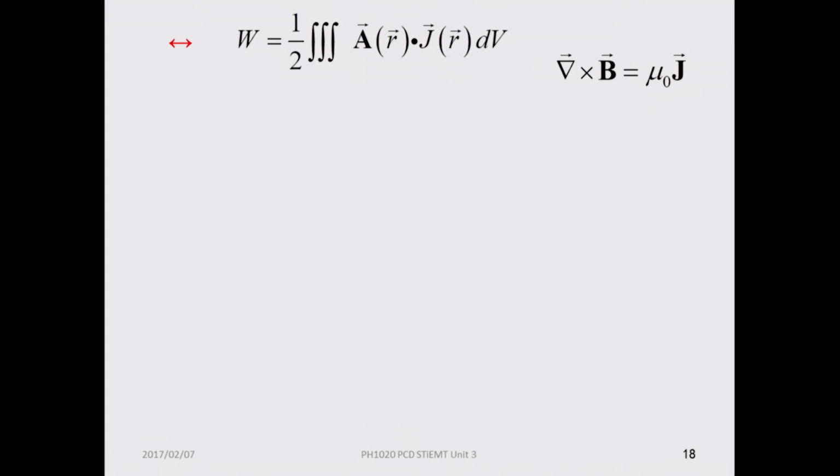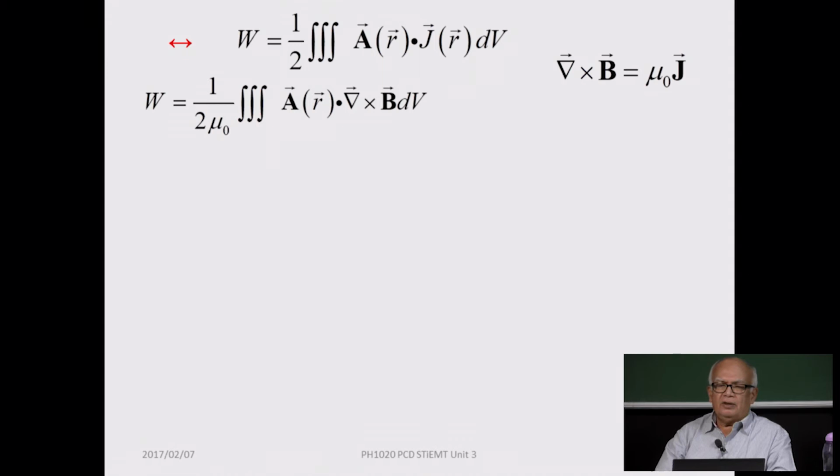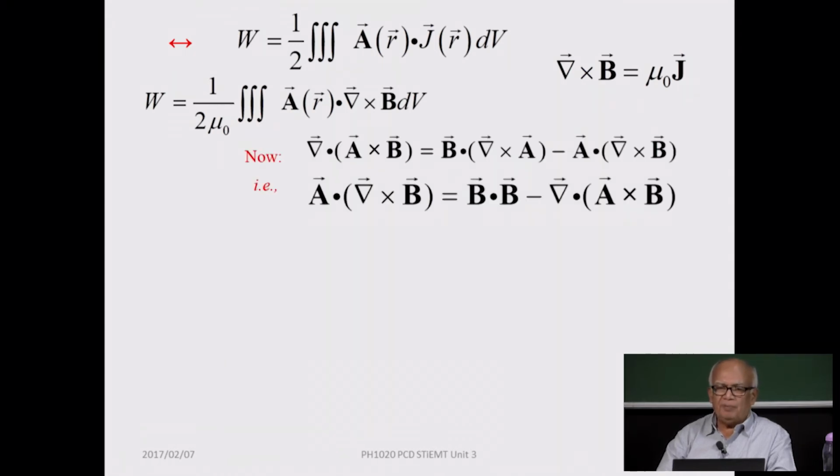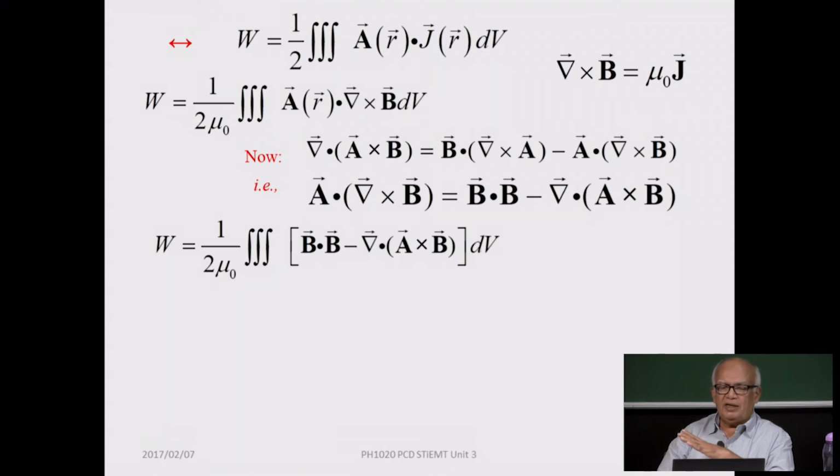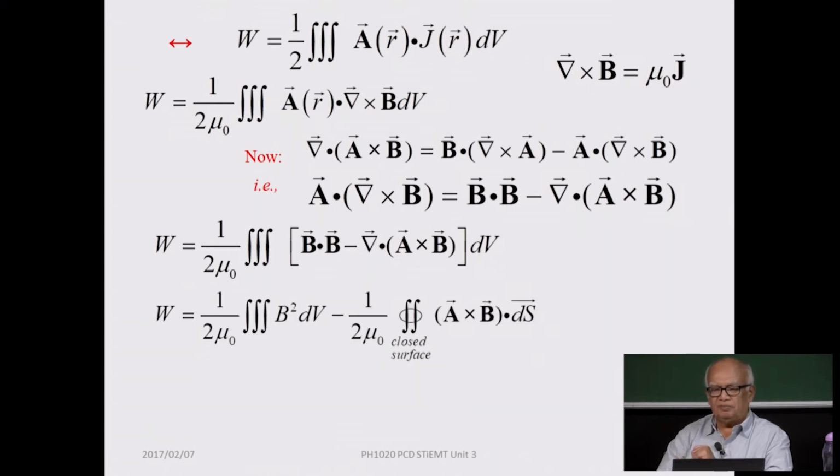So, now let us use Maxwell's equation over here for J, and then rewrite the expression for the work done, okay, and use this vector identity, because curl of B is what you can get from the curl of A cross B. A is the vector potential, B is the magnetic field, and by using this identity you get it in terms of B square minus the divergence of A cross B. Now, you are getting some very interesting result now.